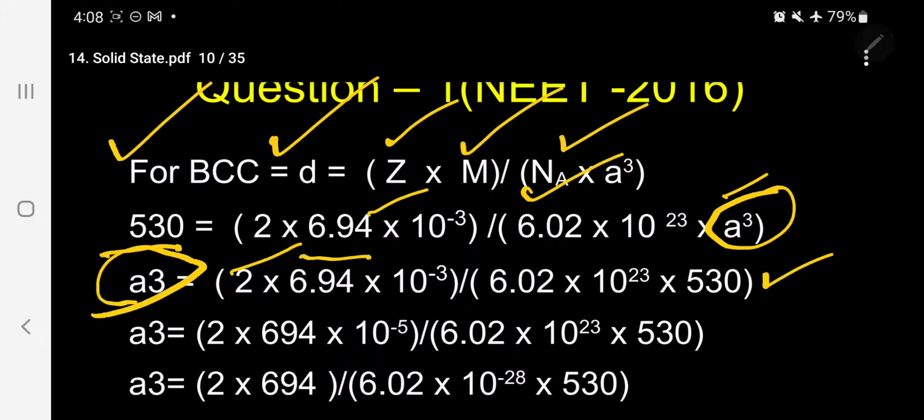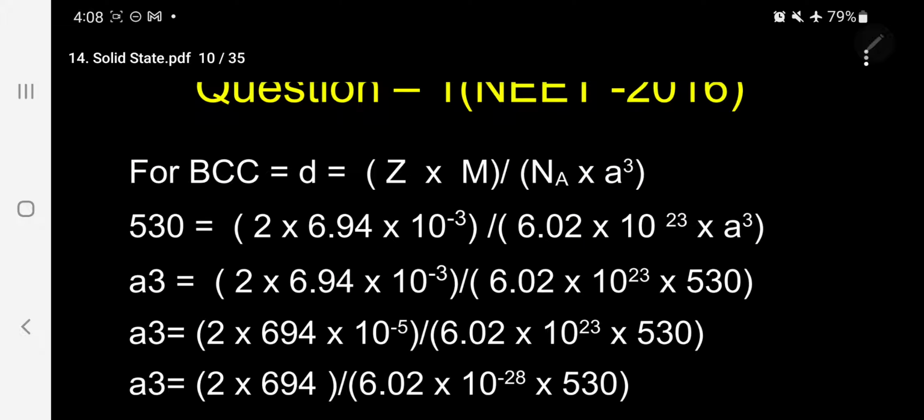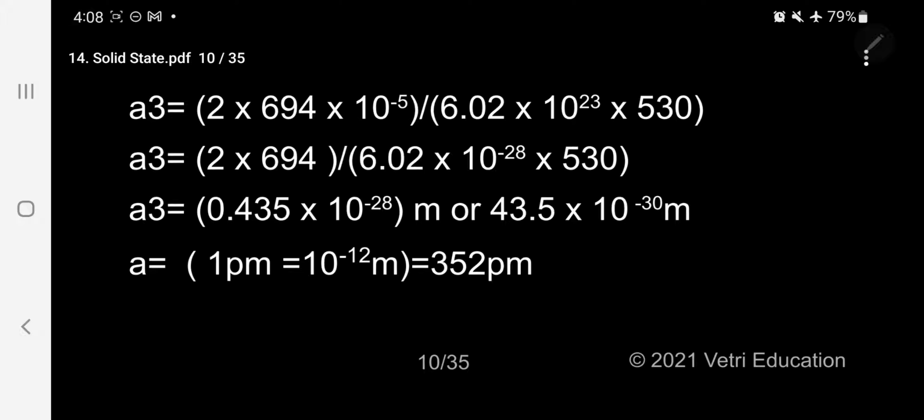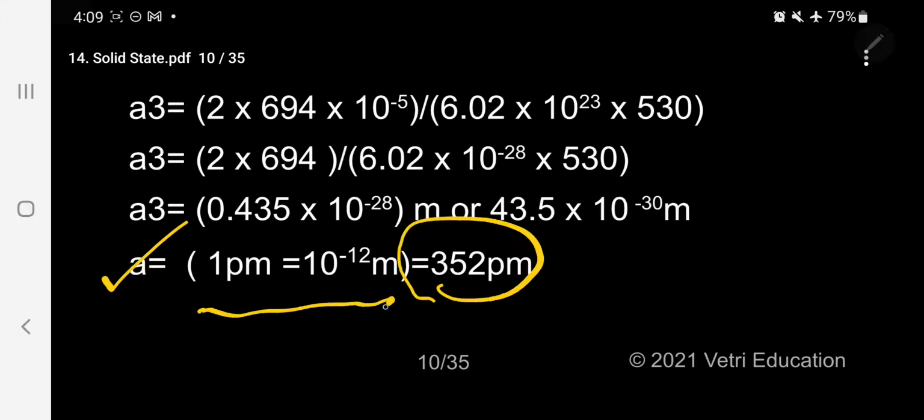I am rearranging everything, cross multiplying and doing the calculations. From the calculation, finally, the answer I am getting is a equals 352 picometer. One important thing to keep in mind, from the physical point of view: 1 picometer equals 10 to the power of minus 12 meter.